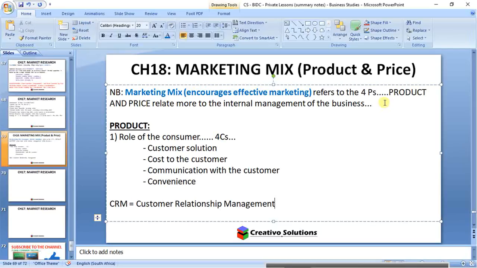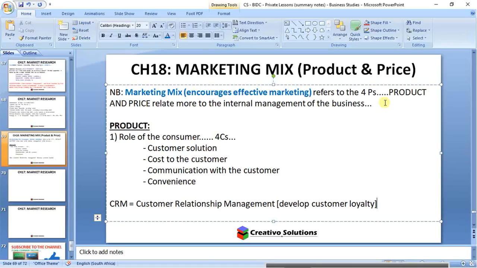That's the key. So the purpose of CRM is to develop customer loyalty. That's the first prize. If you have a customer that's loyal to the business, they would be purchasing through the business and that would support the business. So you need to keep the customer happy. You need to communicate with the customer.